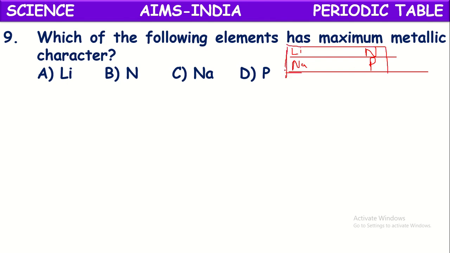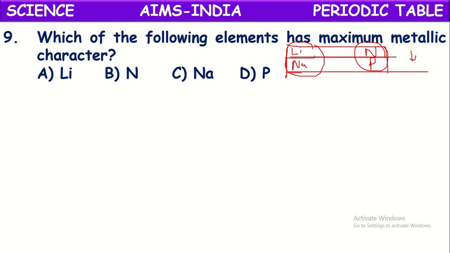So this is the position of these four elements in the periodic table. Now we know metallic character decreases from left to right. So these elements have lower metallic character than these, even though these two are non-metals actually. So these two are metals. Now in these two, which is more metallic, we have to identify. We know in a group from top to bottom, metallic character increases because size increases.